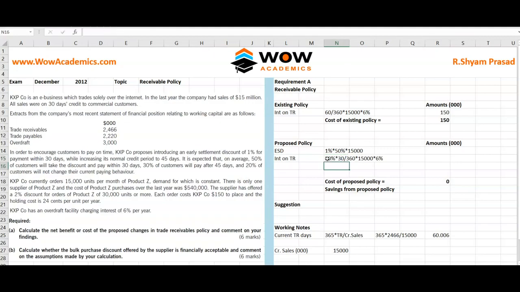And there are going to be other customers. 30% of the customers will pay after 45 days, so we'll take it as 30% of the customers taking 45 days. And finally, 20% of the customers will not change their current paying behavior.